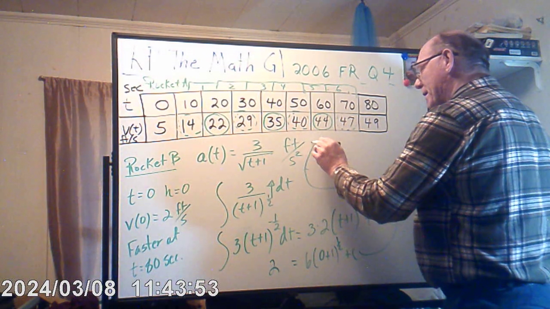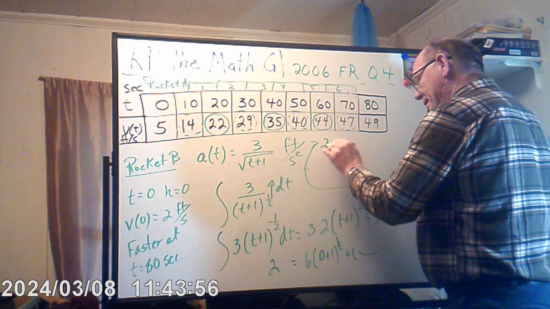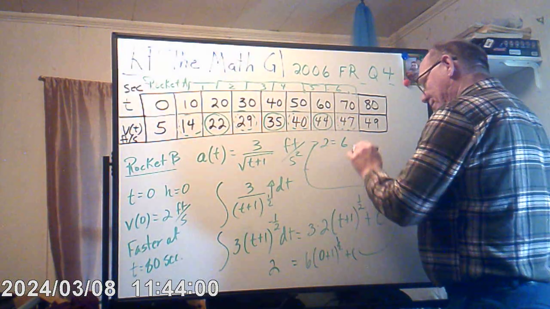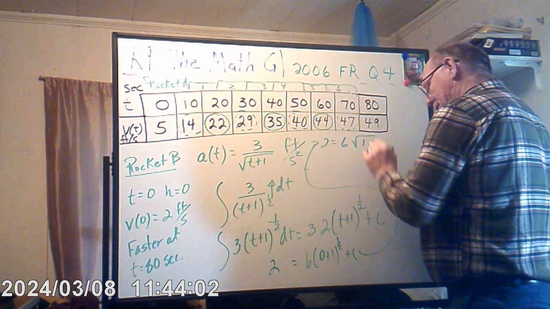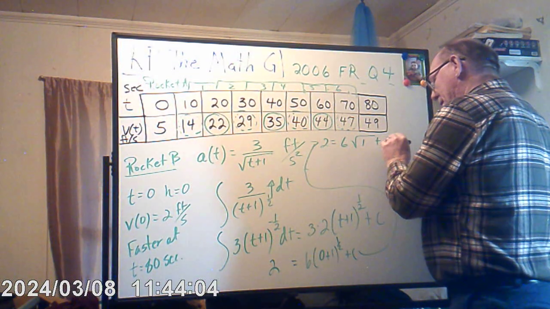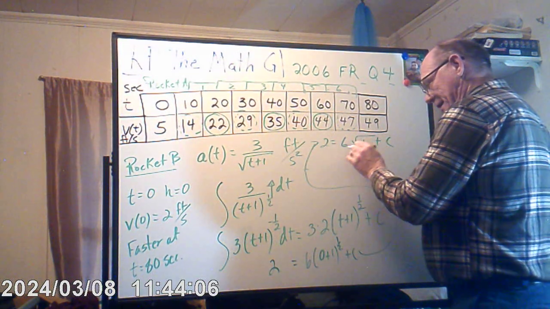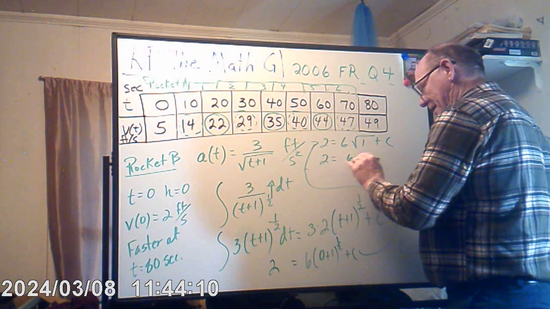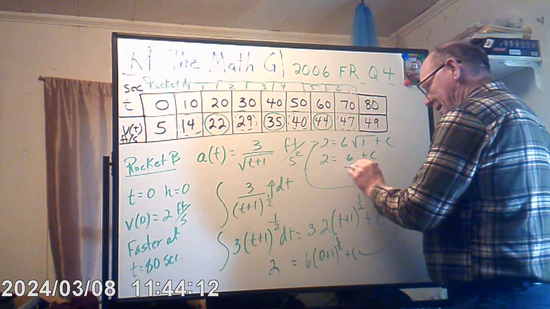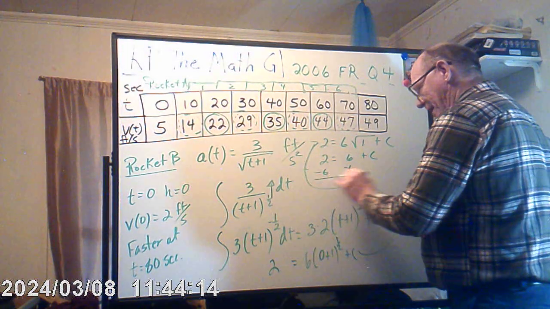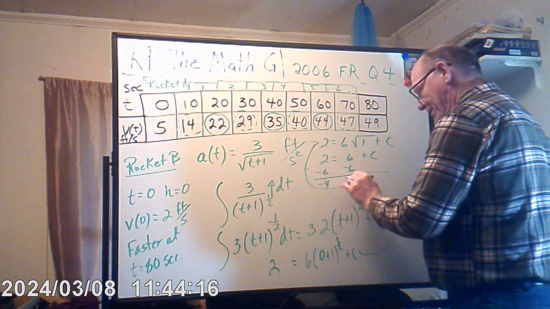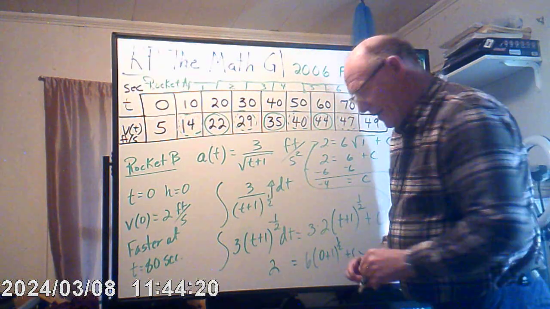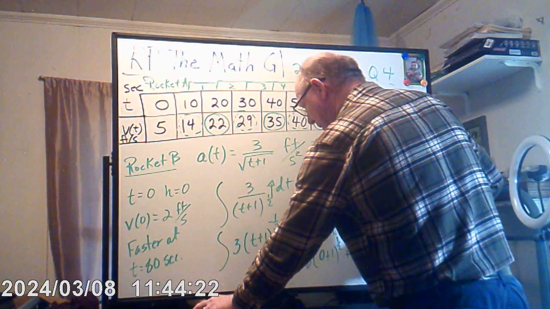So up here is going to be 2 is equal to 6 times the square root of 0 plus 1, which is 1, plus c. So 6 times 1 is 6. So 2 is equal to 6 plus c. So subtract 6 on both sides, and we have negative 4 is c. I know I need to hurry.